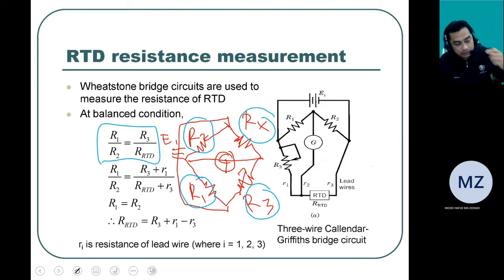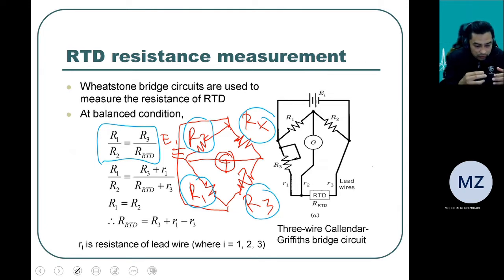You change the value of R. So again, R1 over R2 is fixed value, and now if Rx has a different, increased value, we must change the R3 so that it will balance and make sure that the G value is 0.